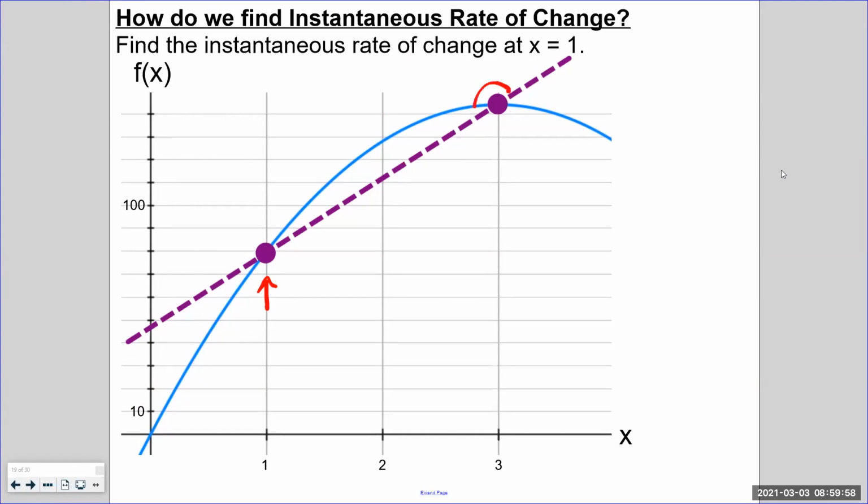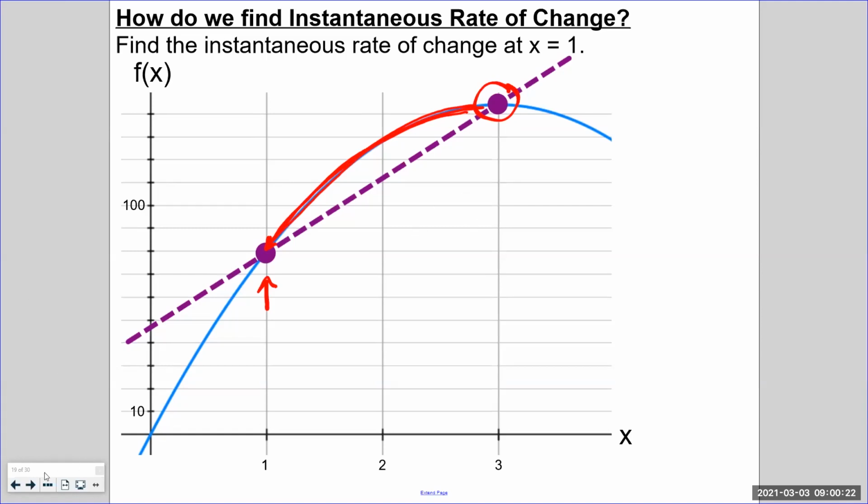So we want to move this point closer and closer and closer until we get it to be on top of this second point. So our entire goal is to move the second point to be on the first point.